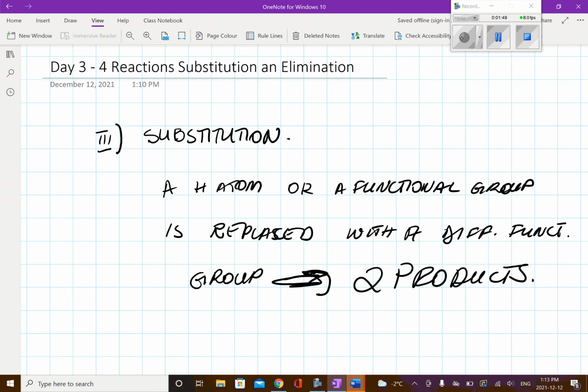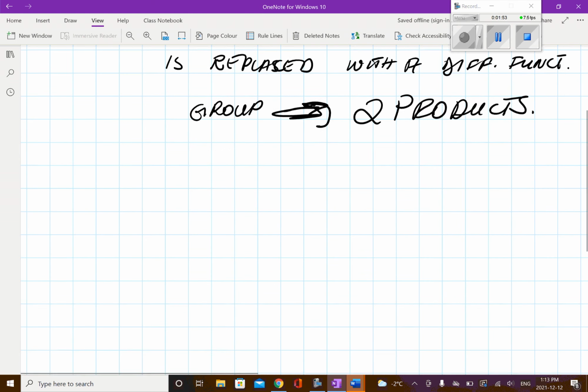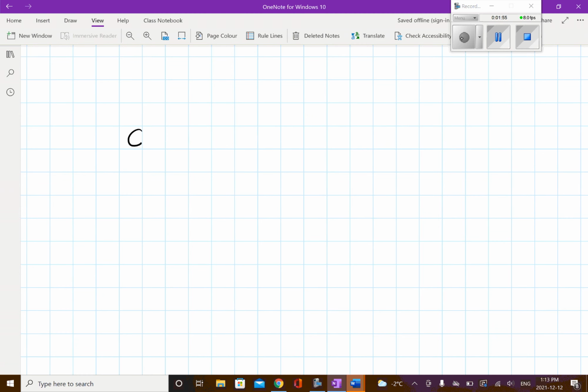Okay, so let's suppose that we have an alkyl halide. So let's suppose that we have C, and then in one of them we have bromine that is reacting with hydroxide. Okay, so what do you see that is happening?